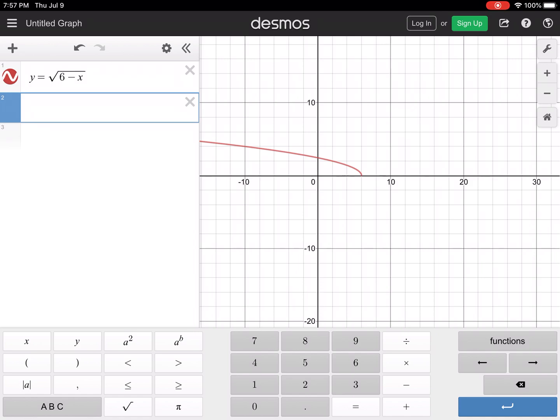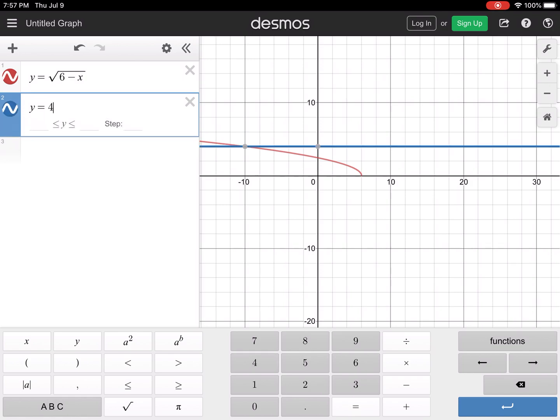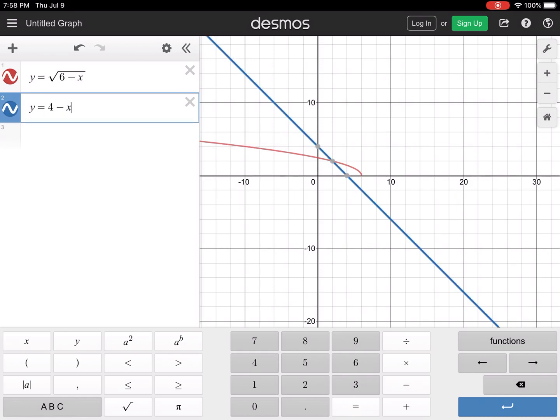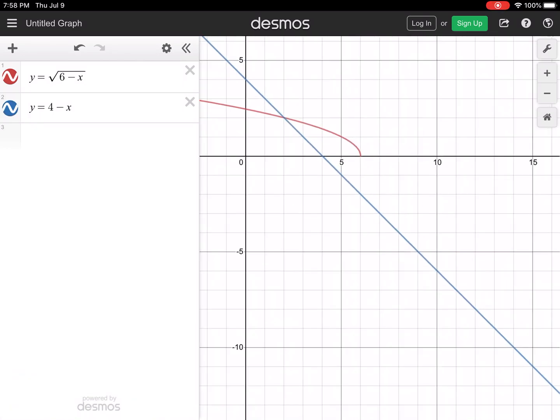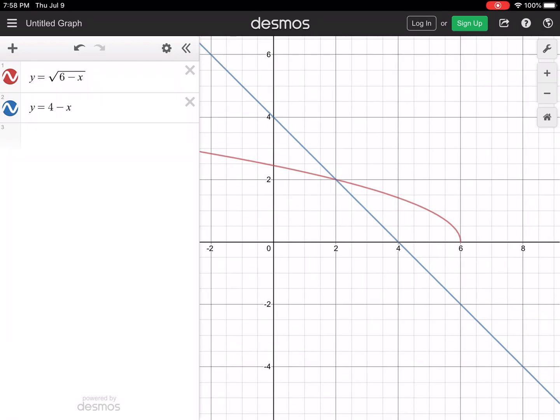For the second graph, we're going to set y equals 4 minus x. The blue line here is that second equation, and here's your intersection point, and that's going to be 2, 2. So 2, 2, or x equals 2, would be the solution.